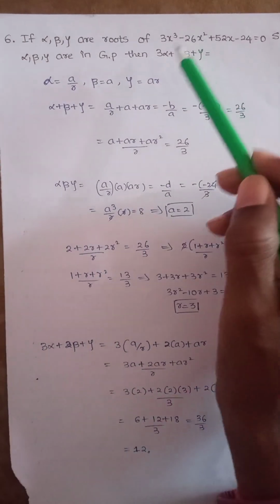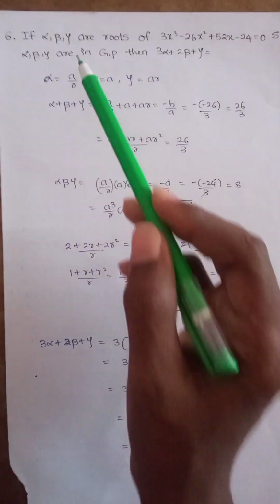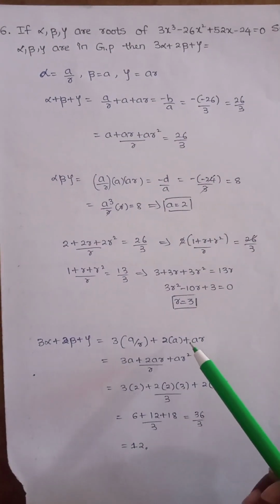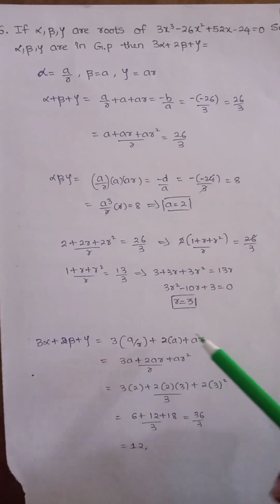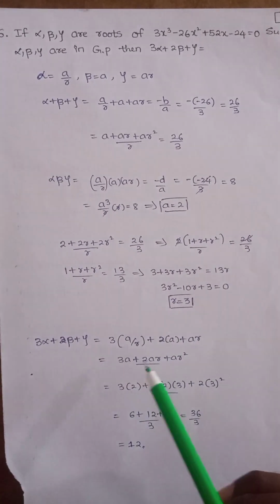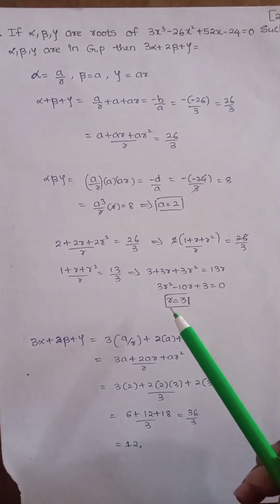Now we need to find 3 alpha plus 2 beta plus gamma, that is 3 of a by r plus 2 into beta, that is a, plus gamma, that is ar. Now solving this we can get 3a by r plus 2a plus ar, and we know that a equals 2, r equals 3.